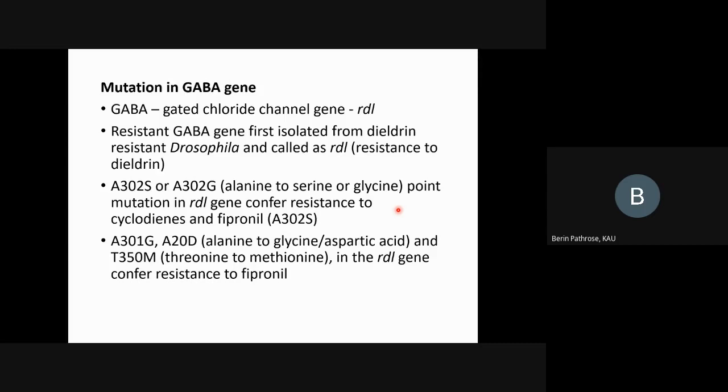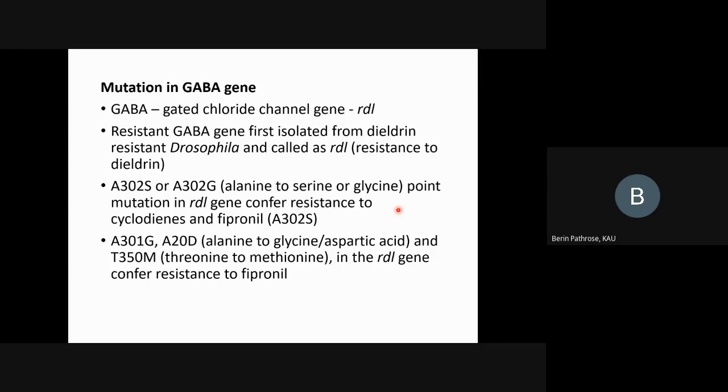So in the GABA gated chloride channel at the 302 position, in the susceptible insect it was alanine, but in the resistant insects it got converted to serine or glycine. The individuals with this kind of mutation have what is called the resistant to dieldrin or RDL gene.